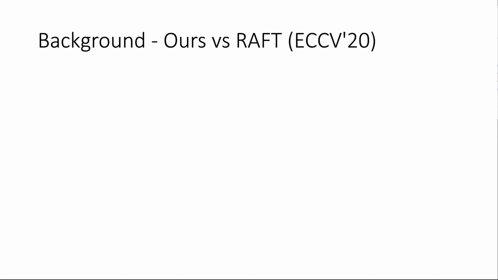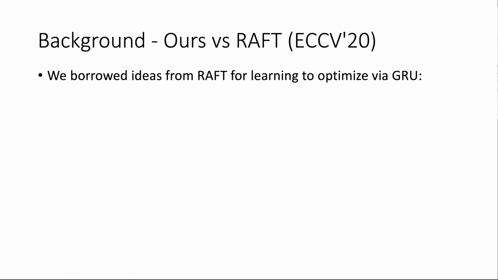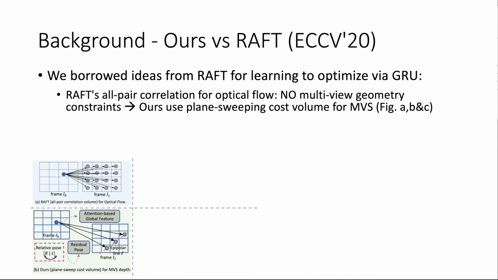We provide more background information by comparing our method with two existing works, RAFT and DeepV2D. We borrowed ideas from RAFT for learning to optimize via GRU. Comparing figure A and B, RAFT performs lookup on correlation volumes for optical flow.